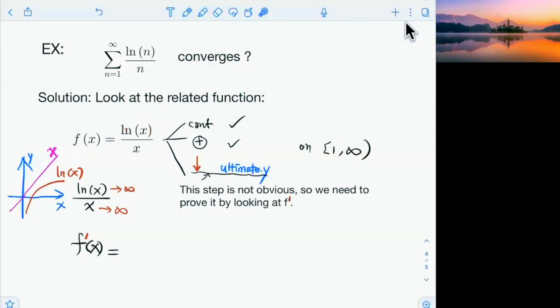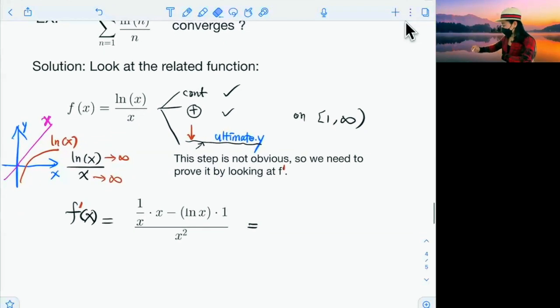It's the quotient rule. The denominator will be x squared. And the numerator: differentiate ln of x, you get 1 over x, times x, minus ln x times 1. And simplifying, you got it.